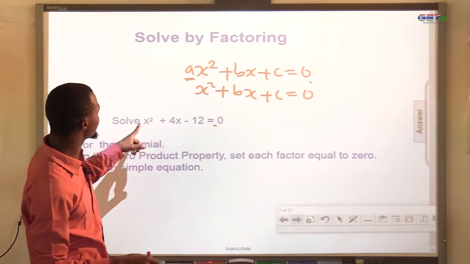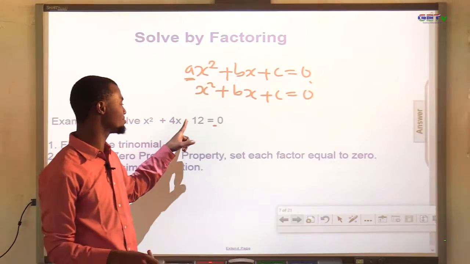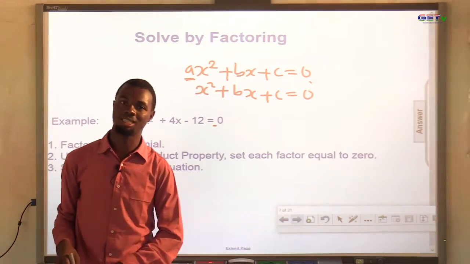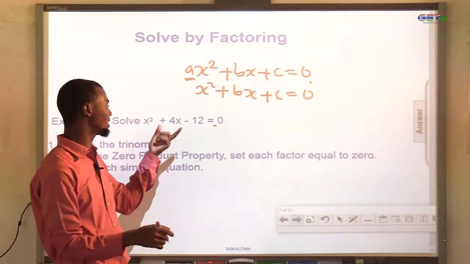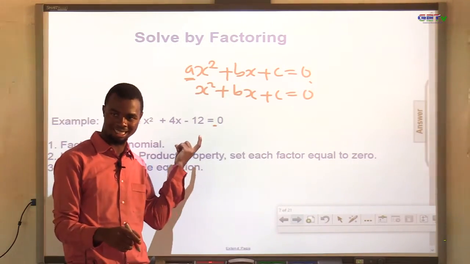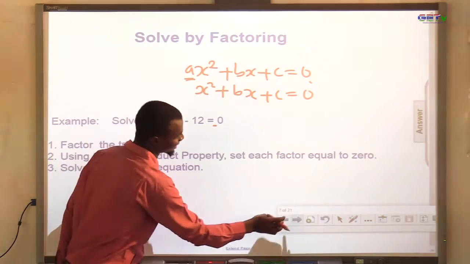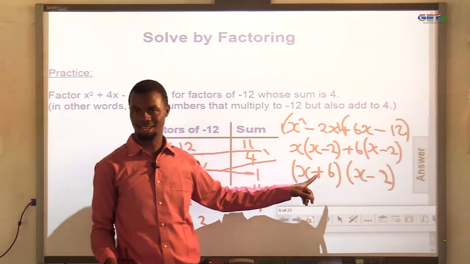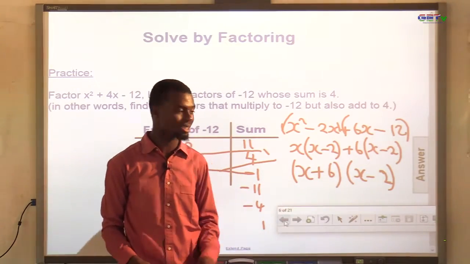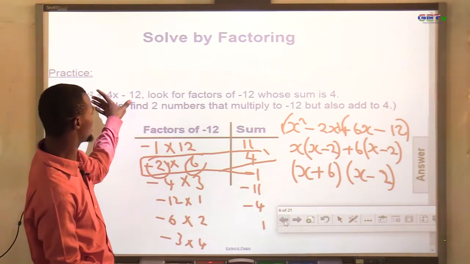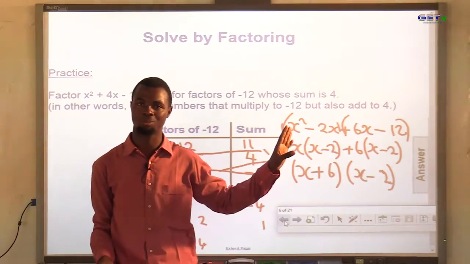Now we have x squared plus 4x minus 12 is equal to 0. When we factorize the quadratic expression, we get x plus 6 times x minus 2. This is the same expression, now extended to be an equation.